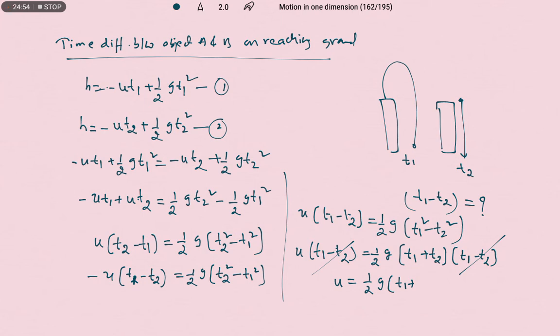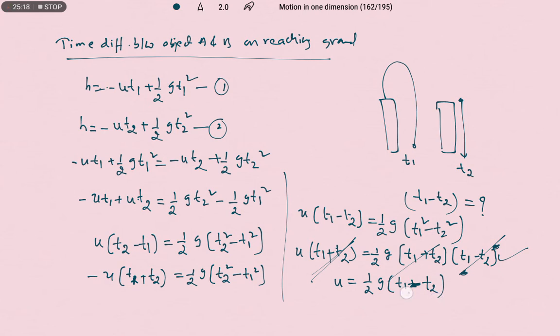Our aim is to find the time difference only, no? Wait here. After getting minus common here, it will be plus only, t1 plus t2 will cancel out, this will remain as it is, therefore t1 minus t2 will be left.